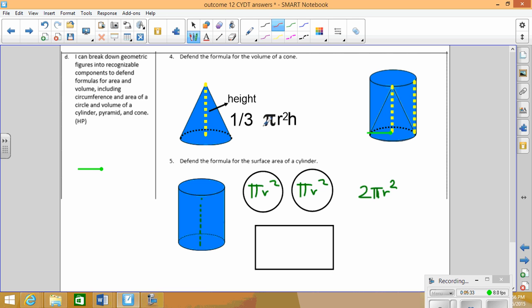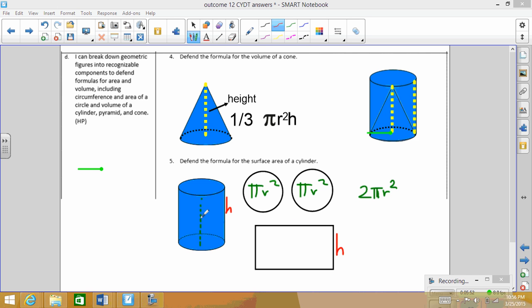And so what's different about this rectangle is that our height here, let's call this one h, corresponds to this height here, which is h. And then we've got to figure out what this length is here.